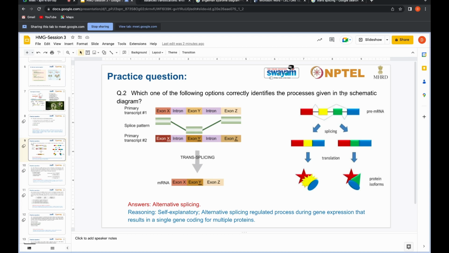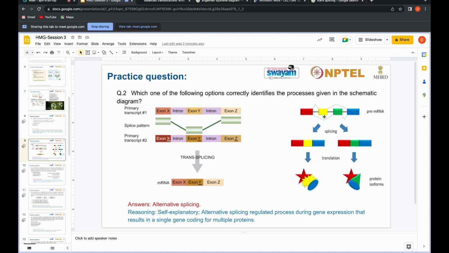But in alternative splicing, these two exons are present in alternate positions to one another. In one transcript one exon is present, and in the other transcript the other exon is present. Here all three exons differ, and only a single exon is being spliced and exchanged. So that is trans-splicing.